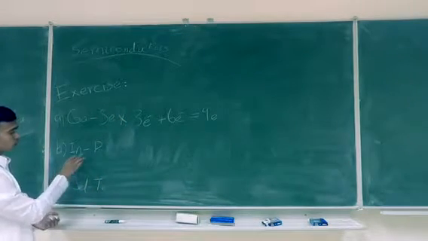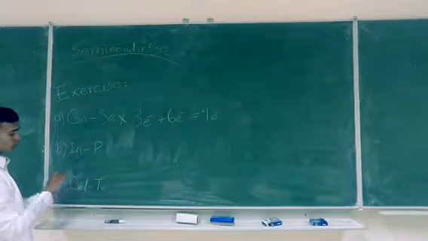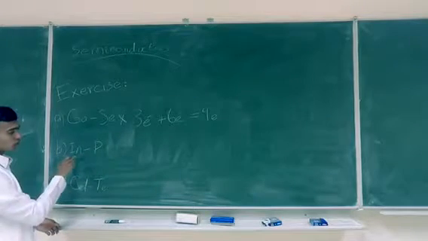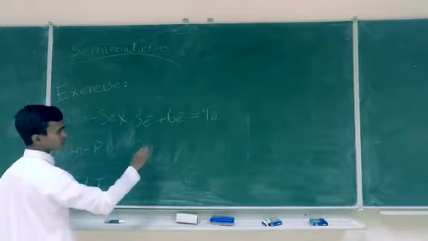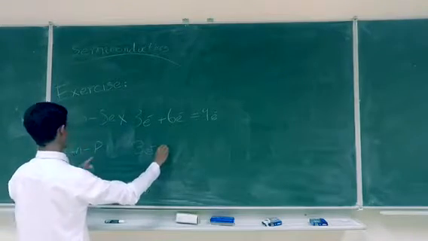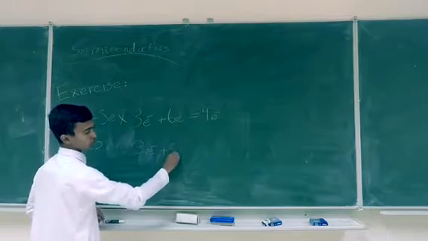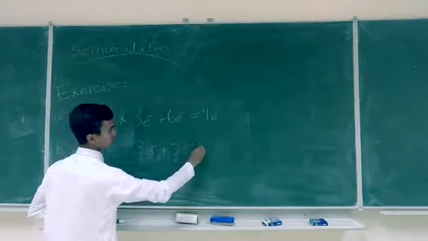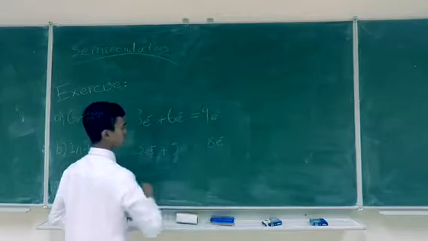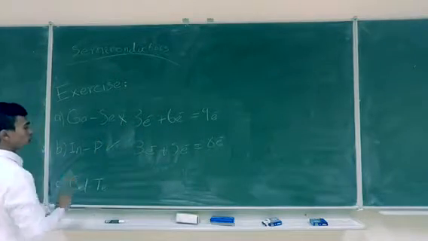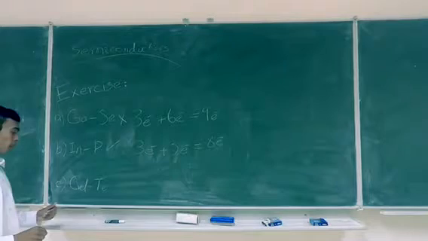Here in vanadium and phosphorus, vanadium has 3 valence electrons, and phosphorus has 5 valence electrons. When we add them, we get 8 electrons. So this can be a semiconductor.